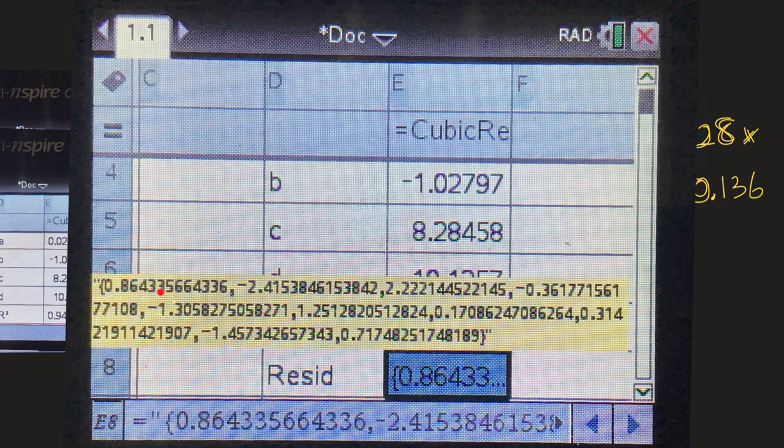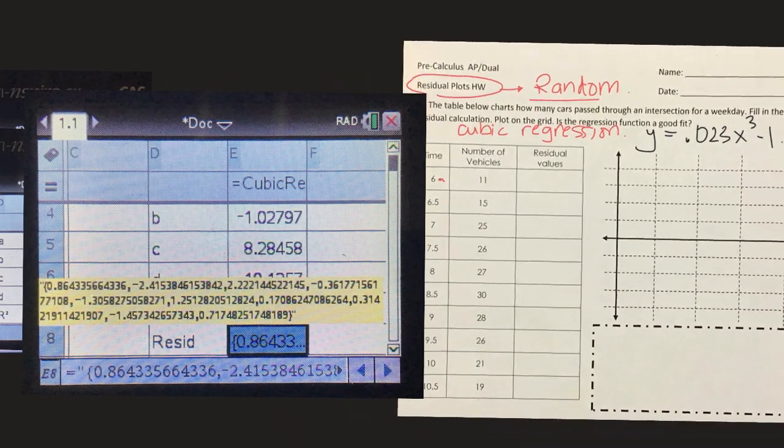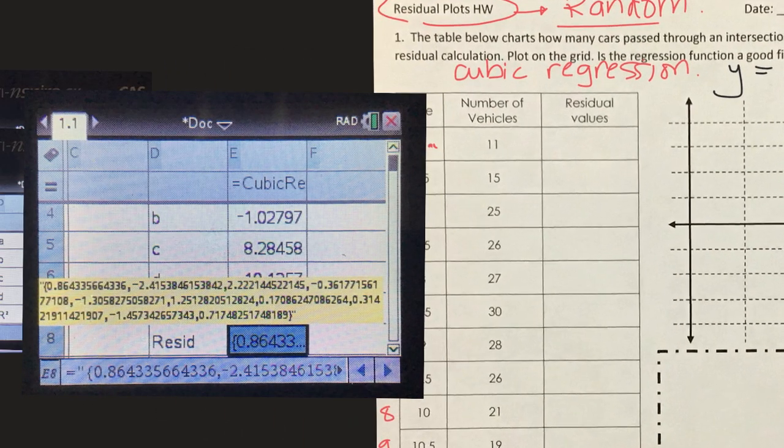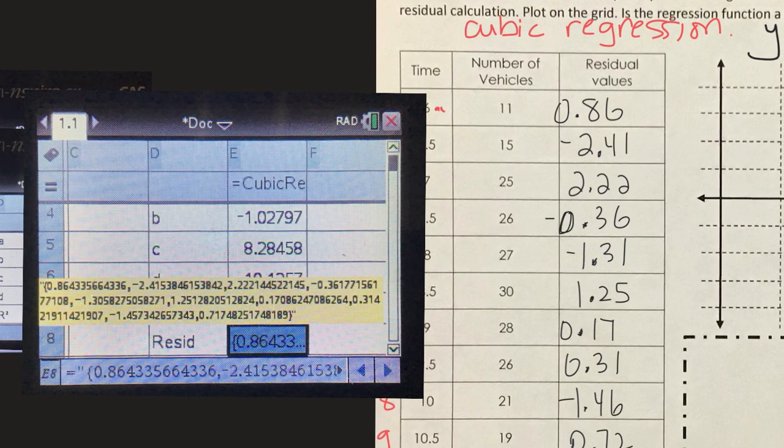So this is my first residual, this is my second residual, third, fourth, fifth, sixth, seventh, eighth, ninth, and 10th. There are 10 of them here, so I'm going to put that into my box that happens to be here on my screen now. My residual values, we're going to put all those in there. So we write down all of those residual values that your calculator has done for you into your table. I want you to know where they come from.